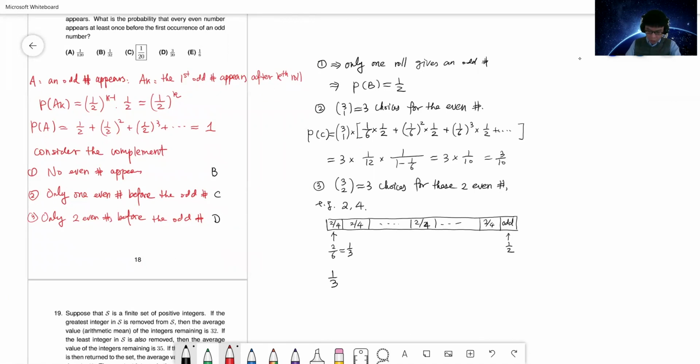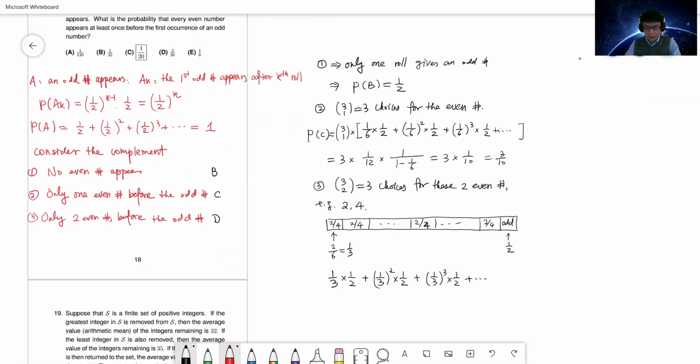Suppose here we only consider all the numbers before the odd number being either 2 or 4. If it's 2 rolls, it's 1/3 times 1 over 2. If it's 3 rolls, it's 1/3 squared times 1 over 2. If it's 4 rolls, 1/3 cubed times 1 over 2, and add up to infinity.